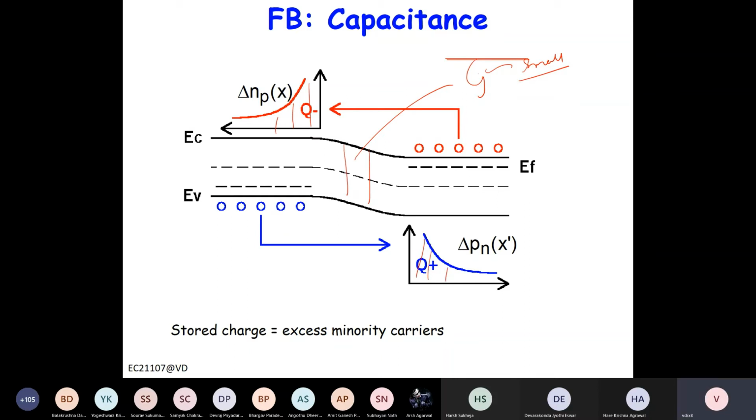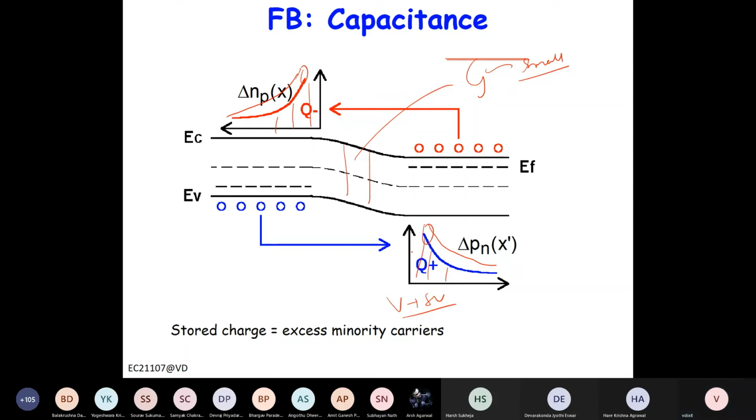Now, if you notice here, if you increase the voltage from V to V plus delta V, where are the carriers added? Unlike depletion region where carriers are added at the end, here carriers are increased everywhere, and mostly added near this region.